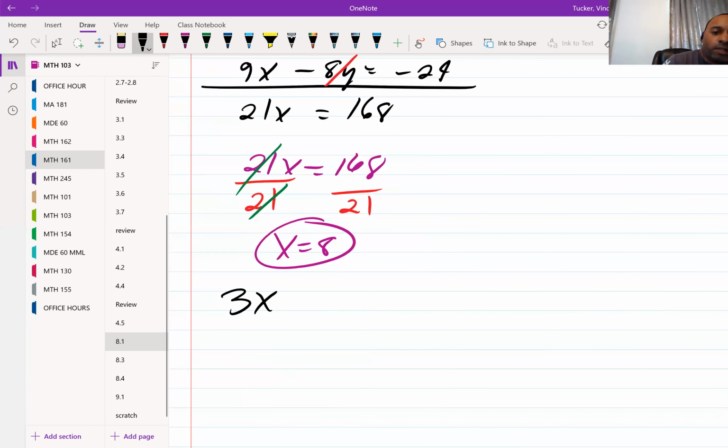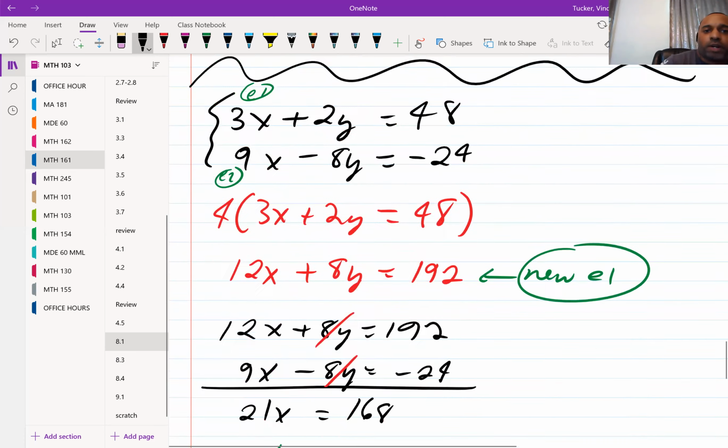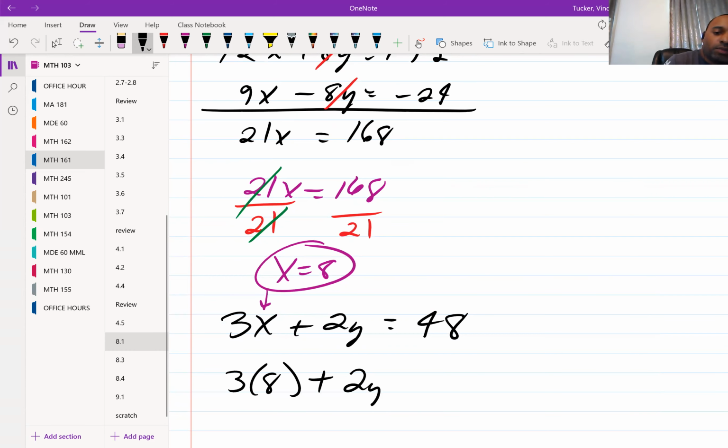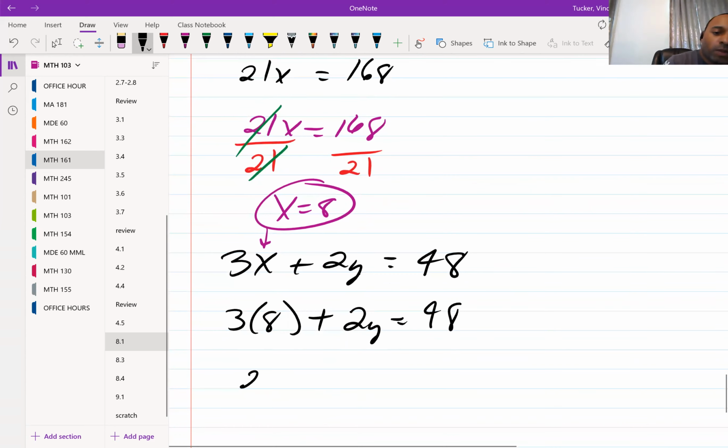So we have 3x plus 2y equal to 48. Make sure I got my numbers right. 3x plus 2y equal to 48. Yep. And I'm going to plug in 8 for x. So that's 3 times 8 plus 2 times y equal to 48. 24 plus 2y equal to 48.